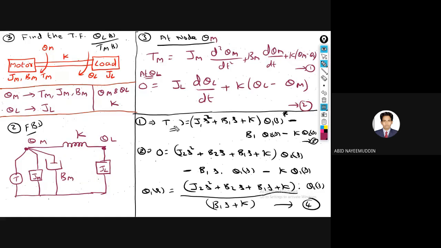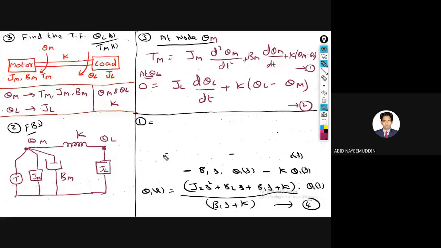Now next you need to apply the Laplace transformation to those expressions. Then rearrange the terms to get the ratio theta l by T of s, which will be the end of the problem.